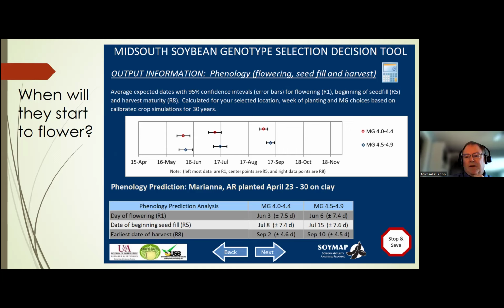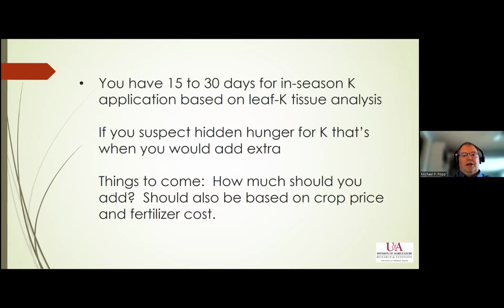And that's most effective when you apply that 15 to 30 days after R1. And so if you're thinking about going a sufficiency approach or a profit maximizing fertilizer rate, and it's lower than the build and maintain number, then people say, well, maybe that's a little bit too risky for my blood.